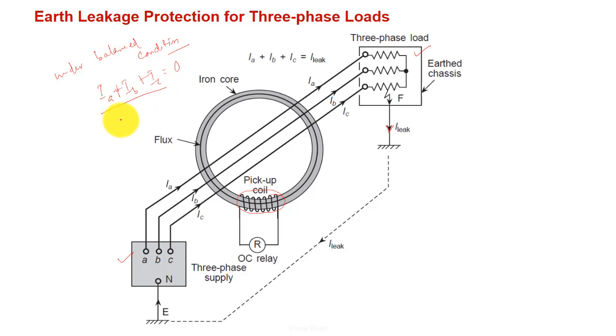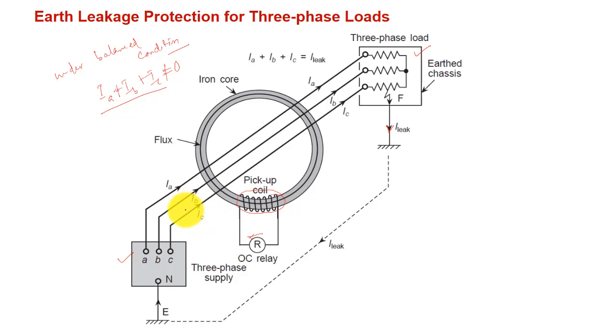So some current will flow through this core, and therefore some flux will be produced in this core, which in turn induces a voltage in this coil, and hence some current will pass through this relay. These overcurrent relays are very sensitive; they quickly sense even a small current flowing through. Right. So this is the case.